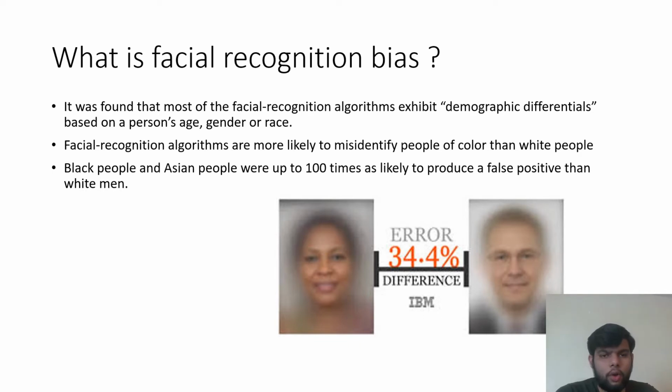Now coming to the topic, what facial recognition bias actually is. It was found that most facial recognition algorithms exhibit demographic differentials based on a person's age, gender or race. Facial recognition algorithms are more likely to misidentify people of color than white people. Black people and Asian people were up to 100 times as likely to produce a false positive as white men.